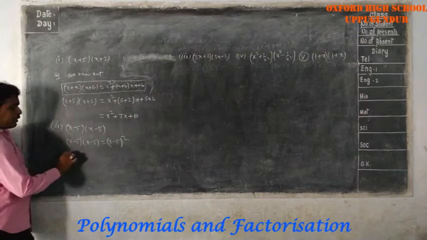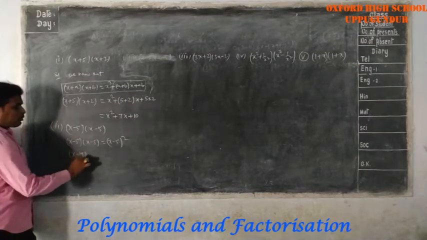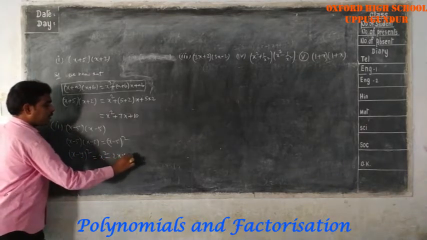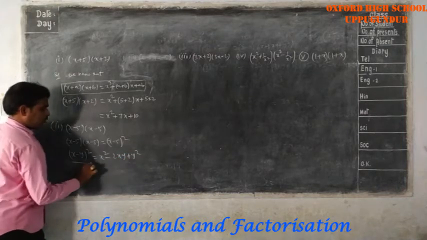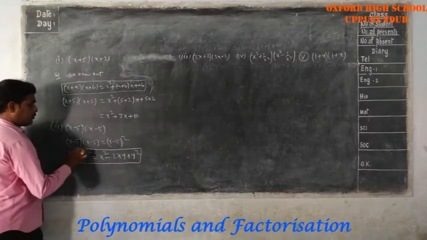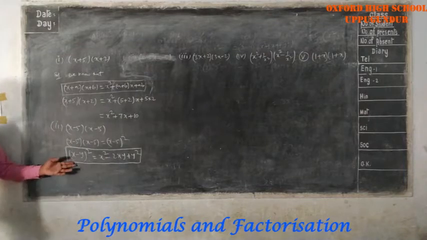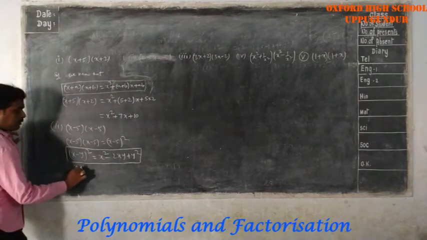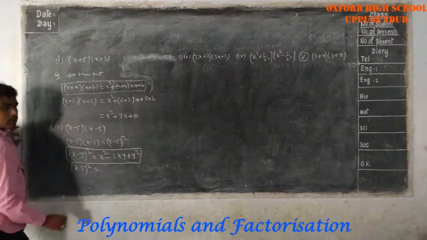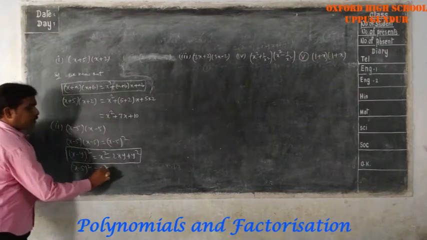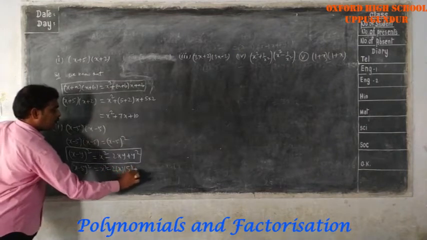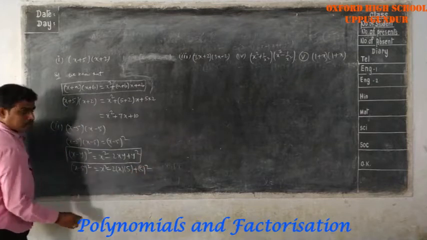So you know the identity: (x minus y) whole square equal to x square minus 2xy plus y square. Based on this identity, in place of y we have 5. (x minus 5) whole square equal to x square minus 2 into x into 5 plus 5 square.